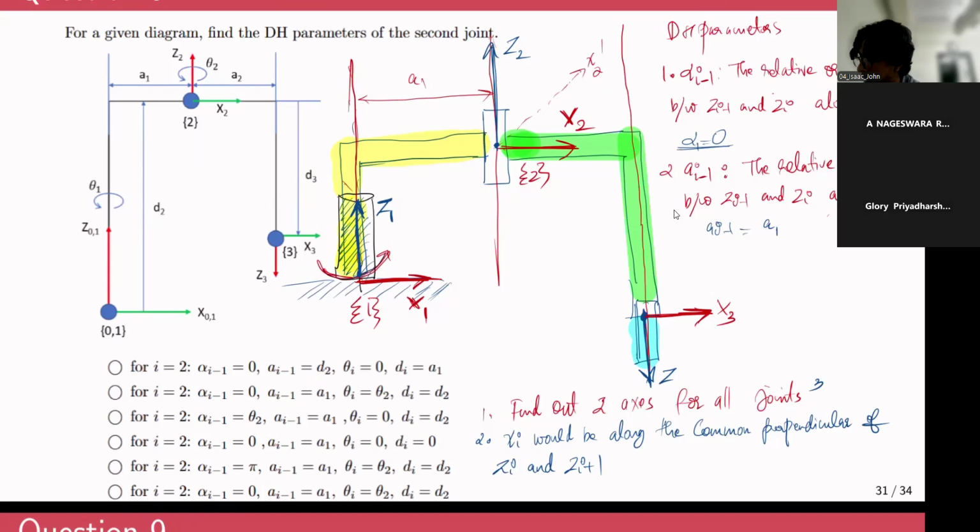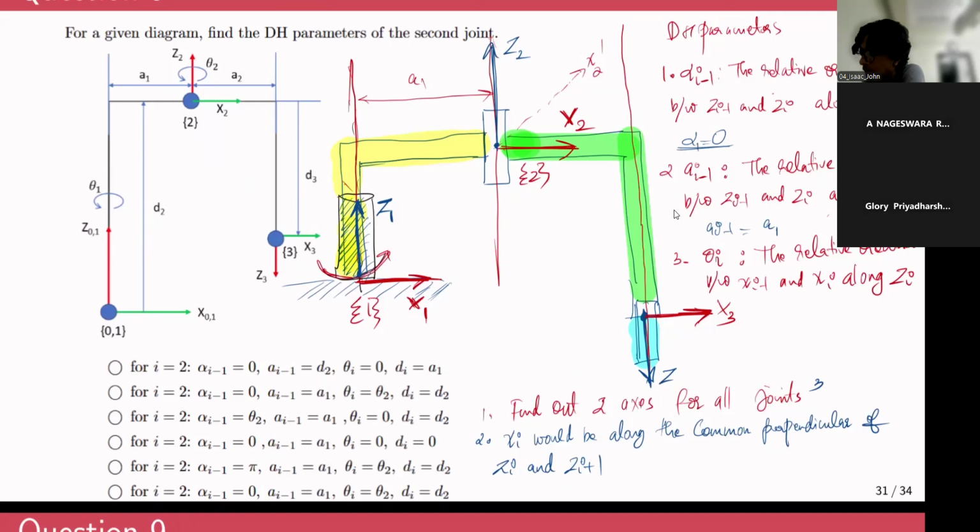Now the third DH parameter would be theta i. Now this is where we have a significant amount of change. Theta i would be the relative orientation between xi minus 1 and xi along zi.